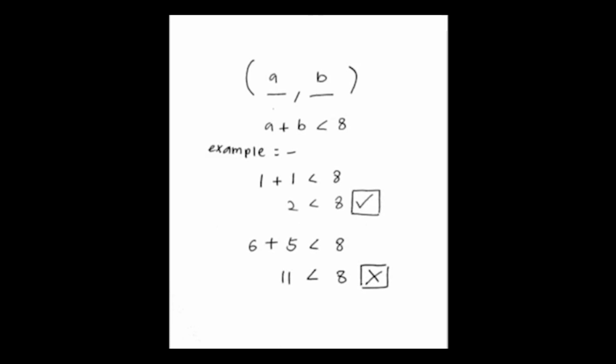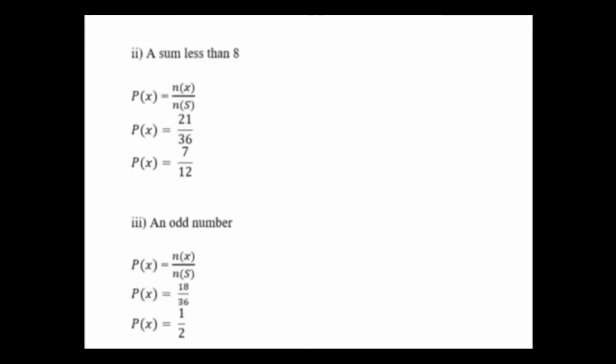So we can't take A equals 6 and B equals 5 for our answer. Back to the formula, P(X) equals N(X) over N(S), where N(X) is 21, so 21 over 36 equals 7 over 12.